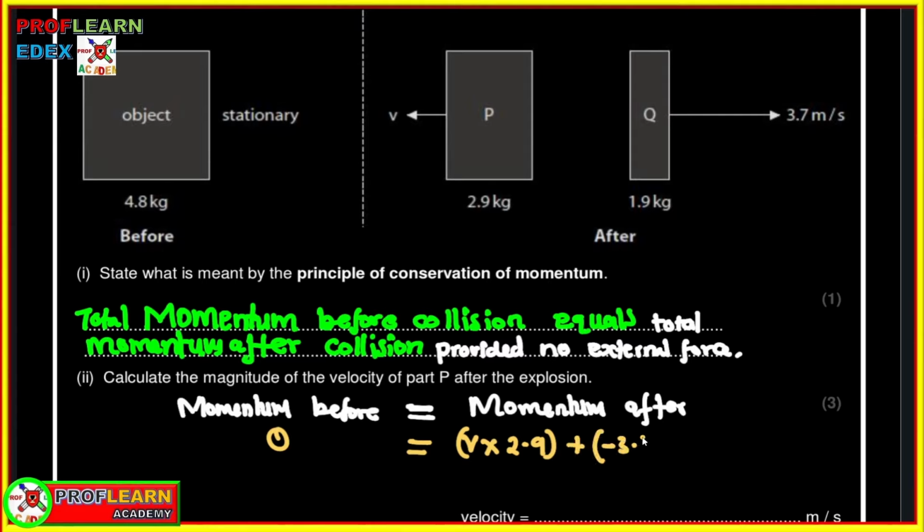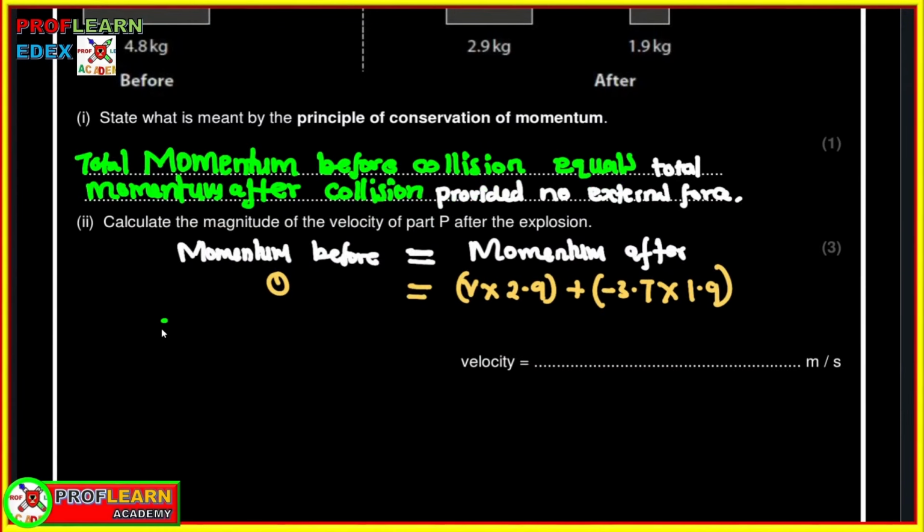I've indicated negative because it is moving in the opposite direction: P is moving to the left and Q is moving to the right. Because we are talking about velocity, we assign one a negative because of the direction. Velocity is a vector quantity, and momentum is also a vector quantity. If we multiply that, make V the subject and solve for V, this is exactly what we are going to get.